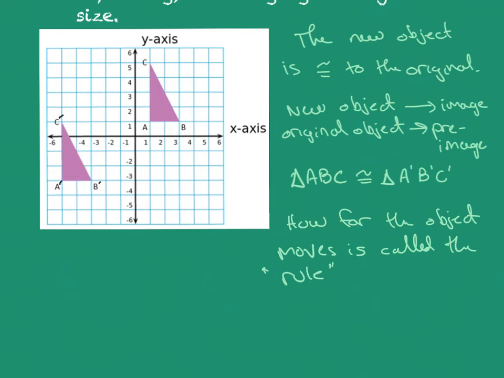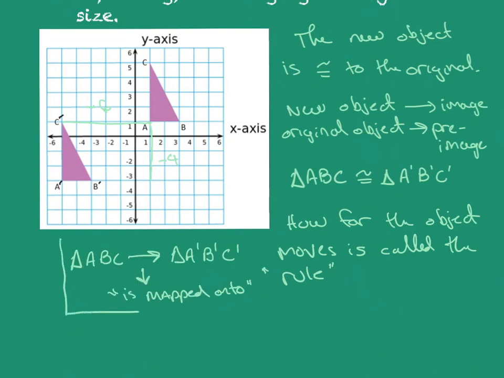And the rule would be that it moved horizontally -6 places, and it moved vertically -4 spaces. And the way we note that is that we write triangle ABC is mapped onto triangle A prime, B prime, C prime using that arrow, where ABC is the pre-image and triangle A prime, B prime, C prime is the new image or just the image.